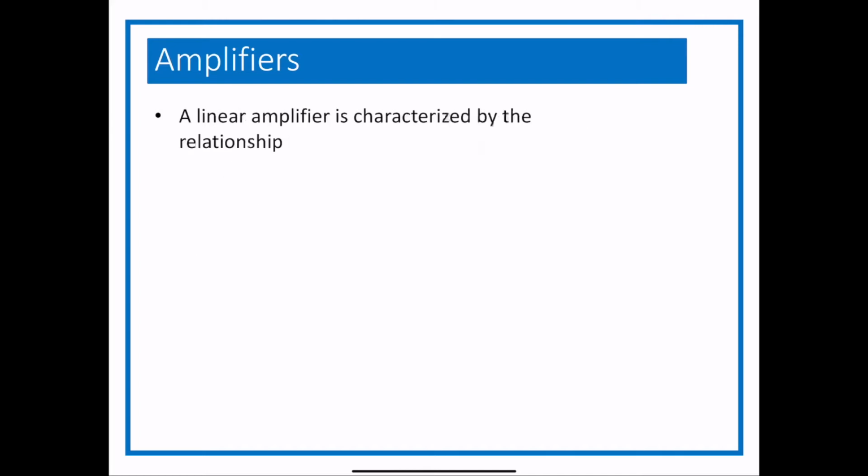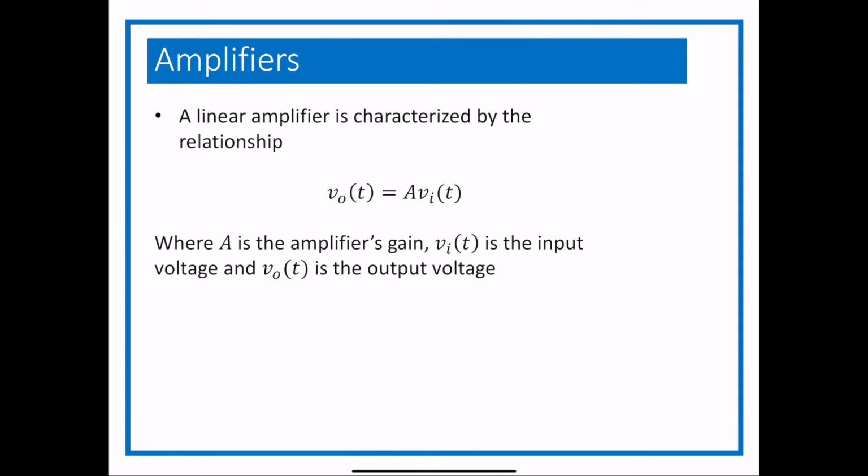So a linear amplifier is basically characterized by the fact that V out is equal to some type of multiplier gain, A, times V in. So the value of A is just going to be a number. It could be a positive number, it could be a fraction, it could be a negative number, it just depends on the situation.